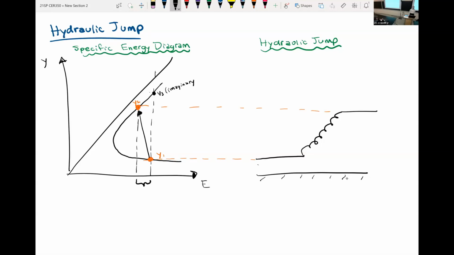Energy loss. Yeah, very good. There's energy loss, all that turbulent flow happening, there's energy loss there. So we lose energy. So we go from Y1 to Y2, this is head loss. We've got head loss or energy loss in that jump.